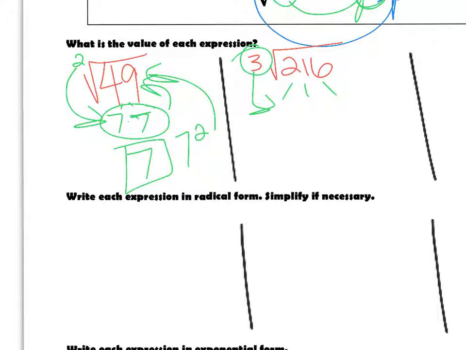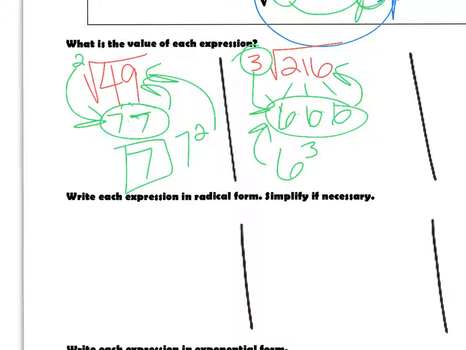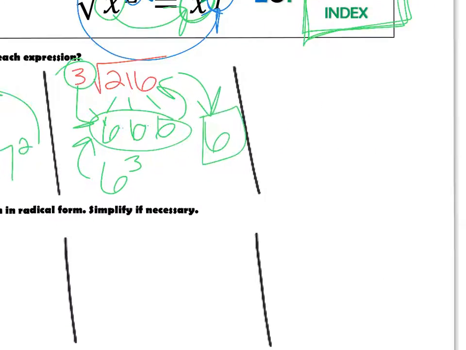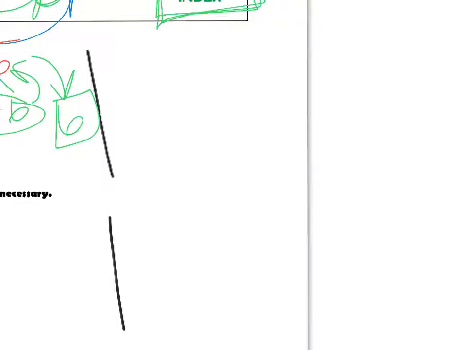If you plug in 6 cubed, or 6 times 6 times 6, that's going to end up giving you 216. So since 6 multiplied by itself 3 times, or 6 cubed, gives me 216, the cubed root of 216 is 6.